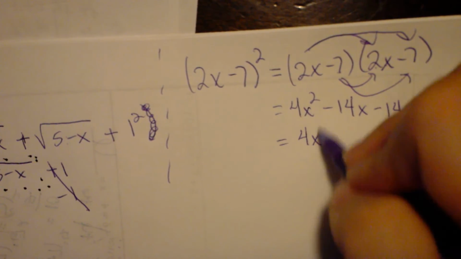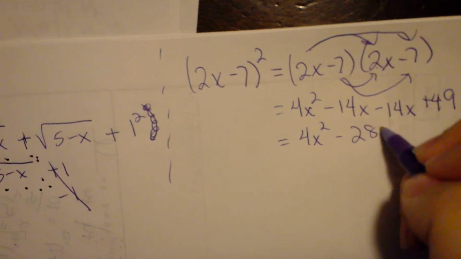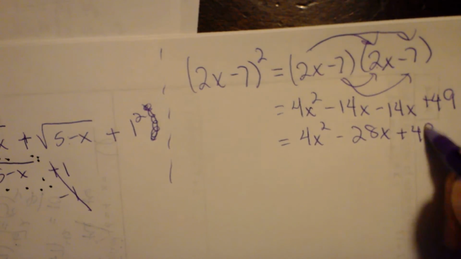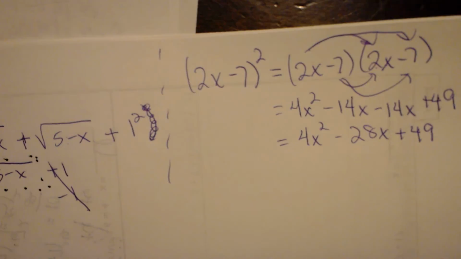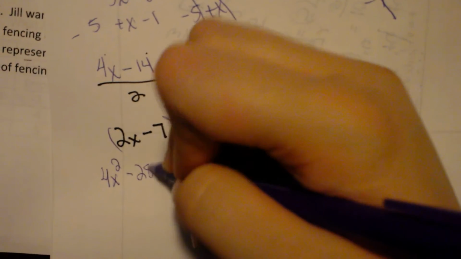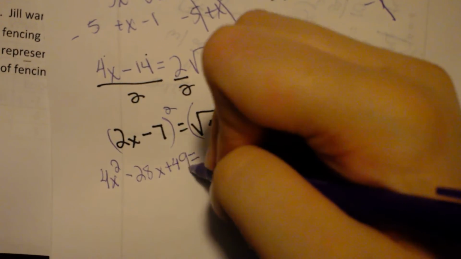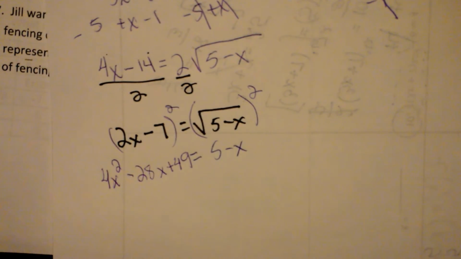So it becomes 4x squared minus 28x plus 49. So I have 4x squared minus 28x plus 49 equals 5 minus x.